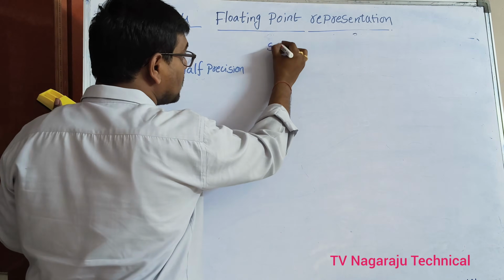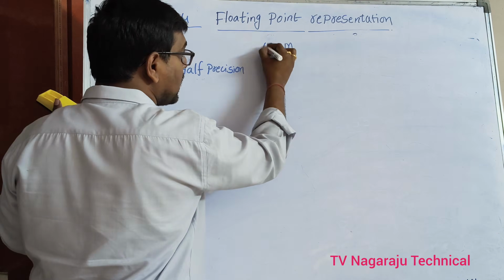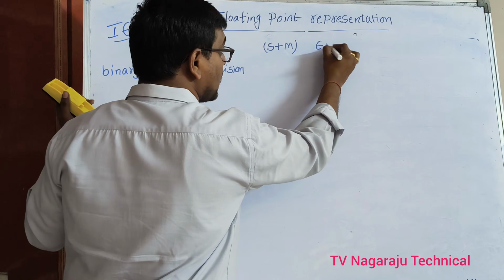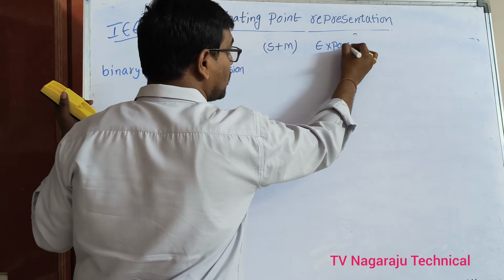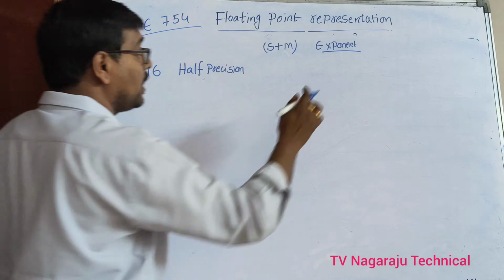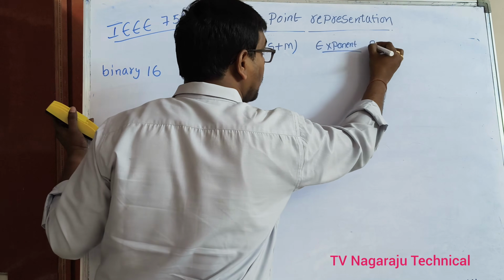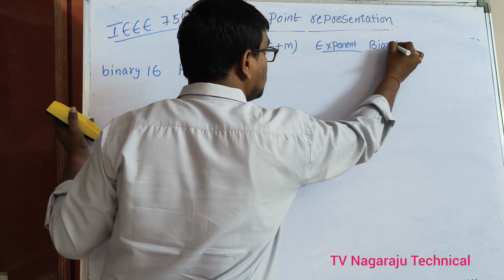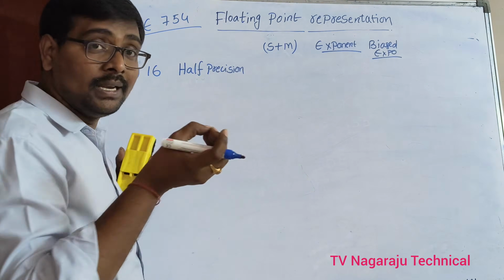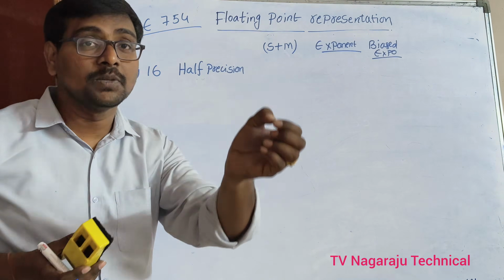So what are the sizes? The size of the sign bit plus mantissa bits, the number of bits used in the exponent, and the most important, the biased exponent. We already know that if the exponent is negative, it is not possible to represent it.